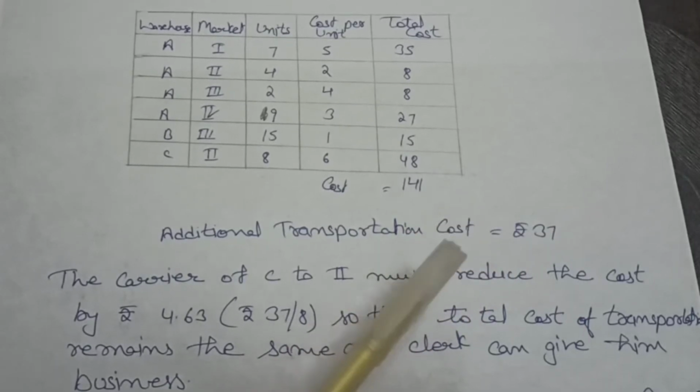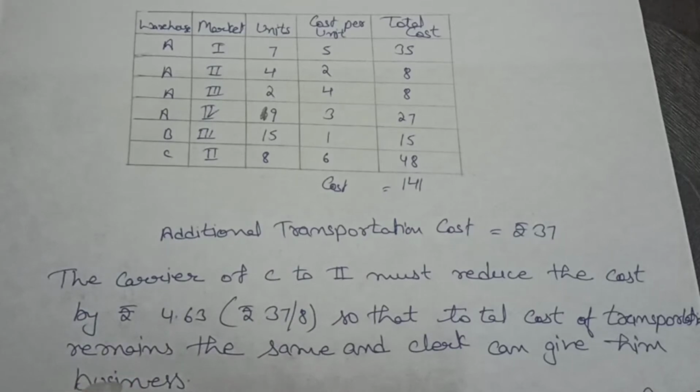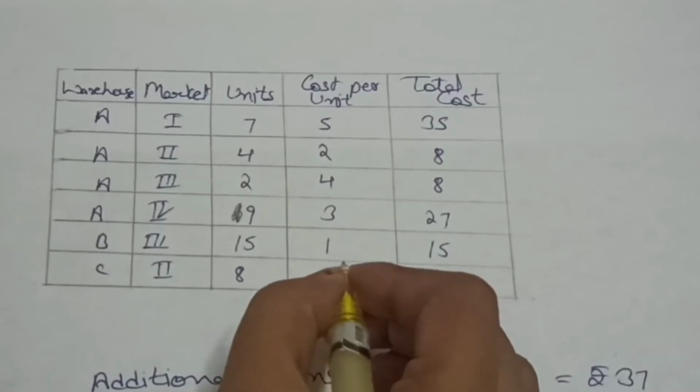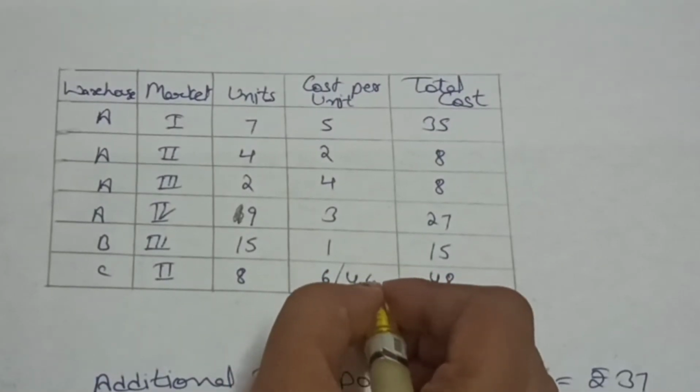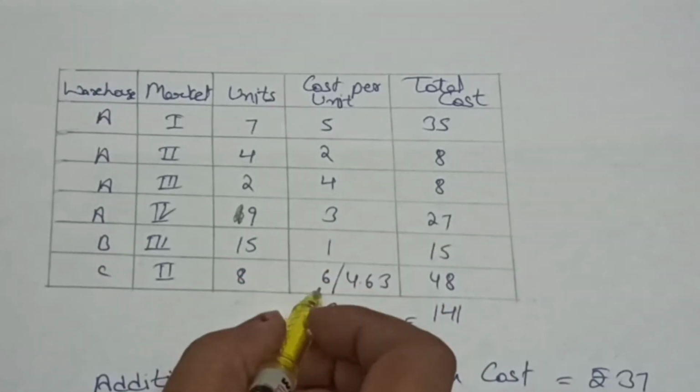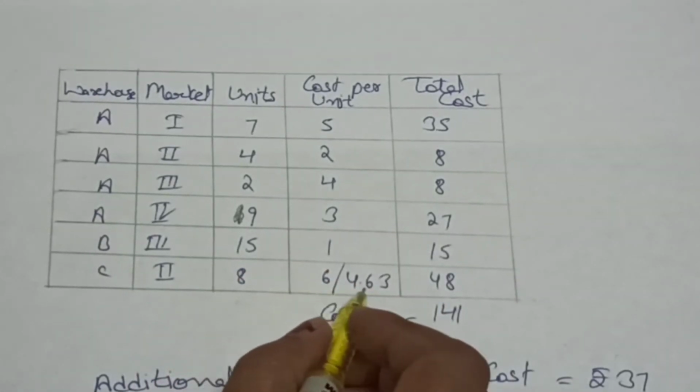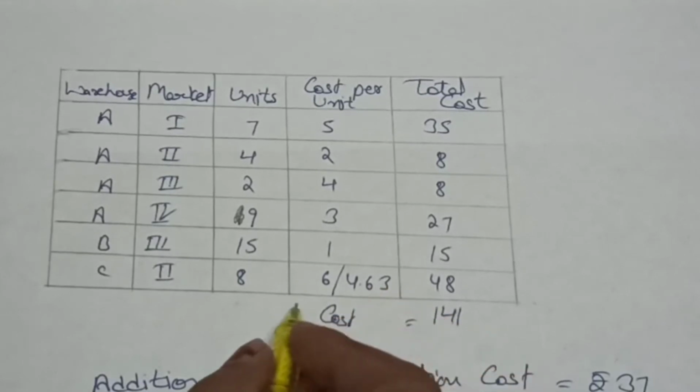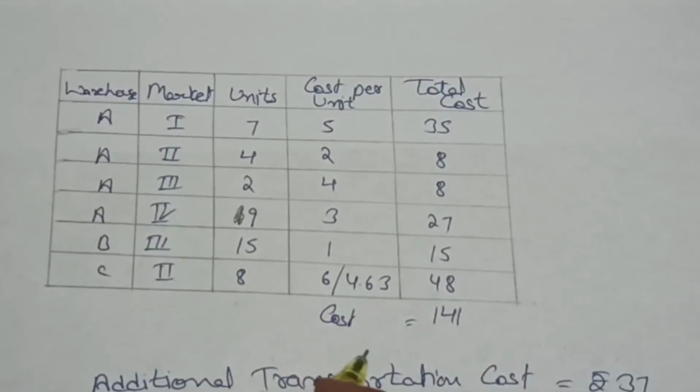So if we calculate this, we have to minimize our cost by 4.63, so that the total cost of transportation remains the same and the clerk can give him business. If we reduce this price, our cost will be 104. Here we can write 4.63. If we minimize our cost from 6 to 4.63, then our total cost will be 104.